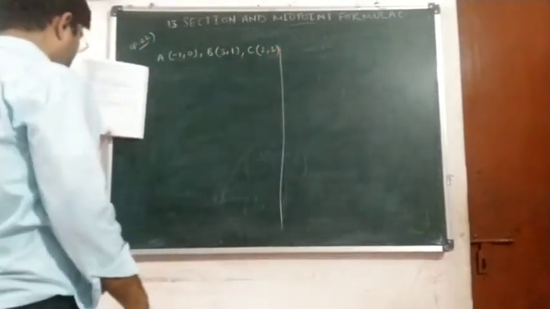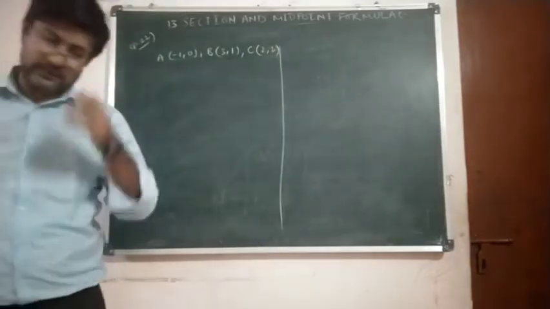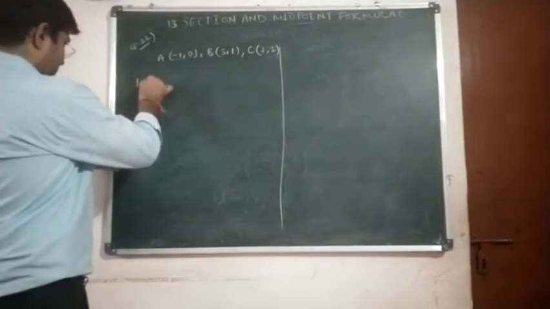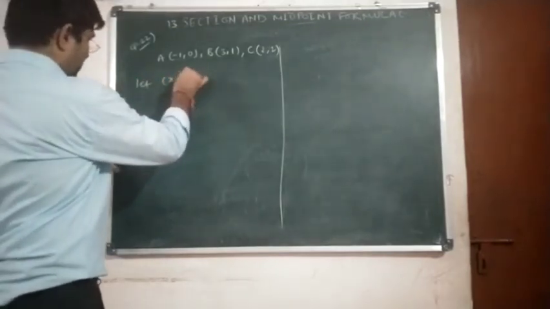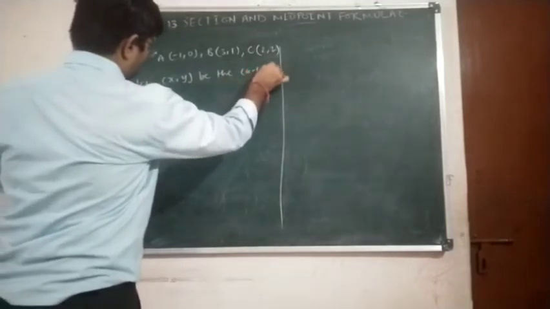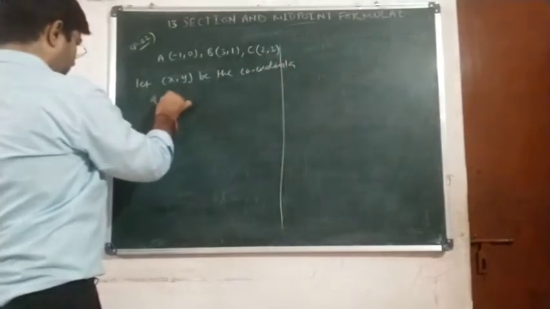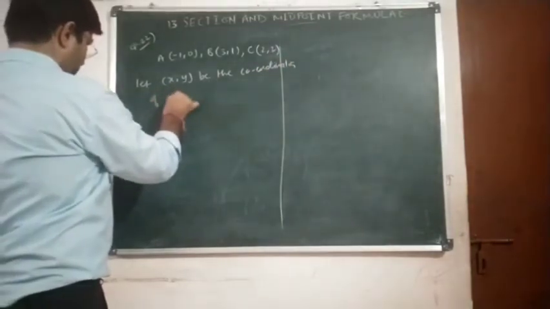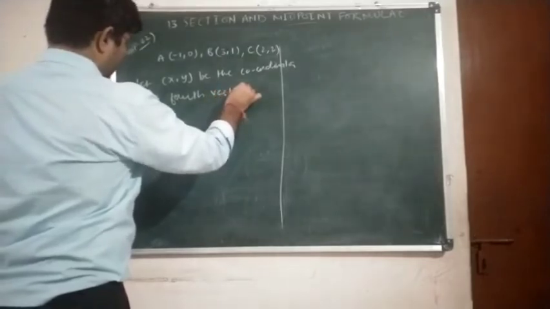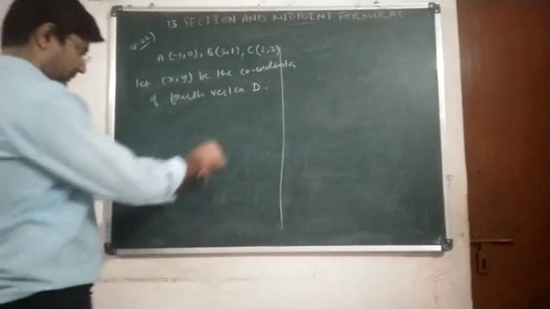We have to find the coordinates of the fourth vertex D. We will consider the coordinates of D to be x comma y. Let (x, y) be the coordinates of the fourth vertex D.